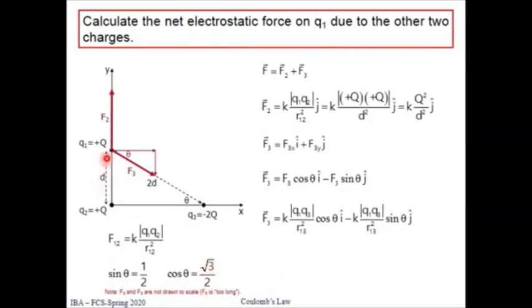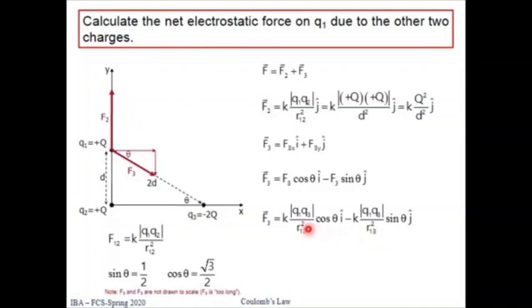F3 can be written as K Q1 Q3 divided by R13 squared.